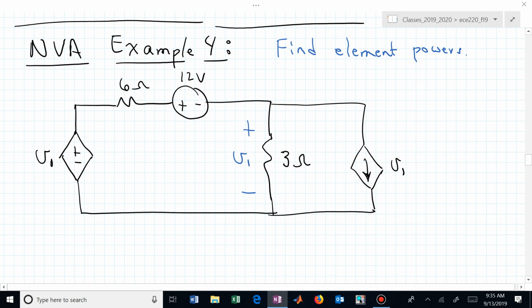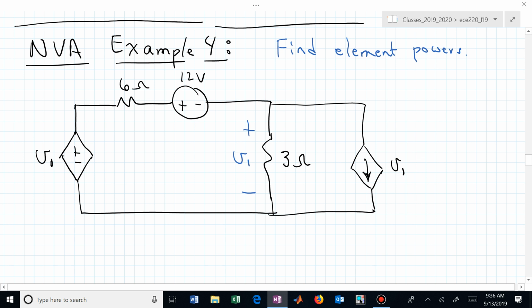That is actually what I want. So now we have two different dependent sources. One's a voltage source and one's a current source, and they're both V1. So the units of V1 on one side are going to have to be amps. V1 on the other is going to have to be units of volts. And V1 is this voltage dropped across the 3 ohm resistor.